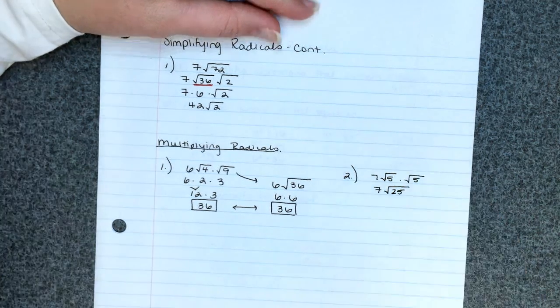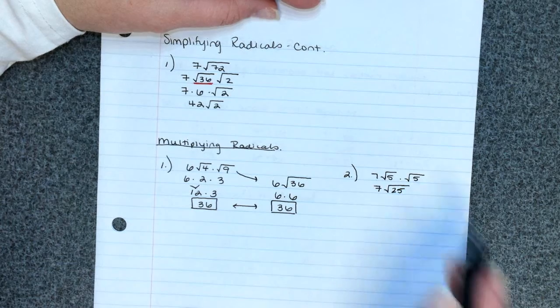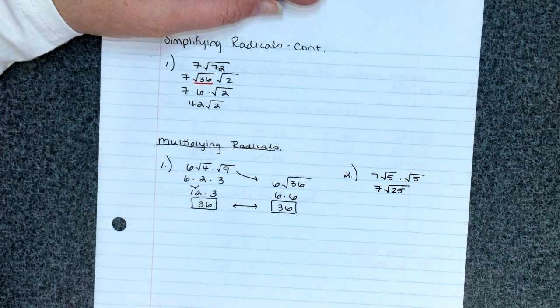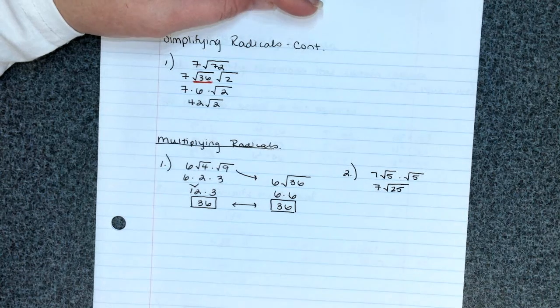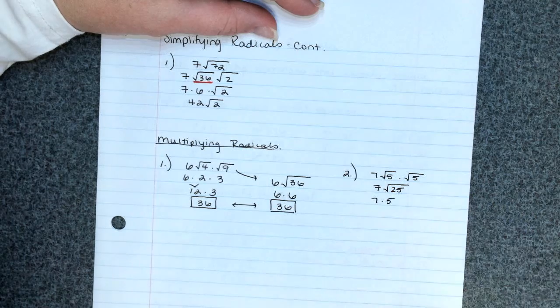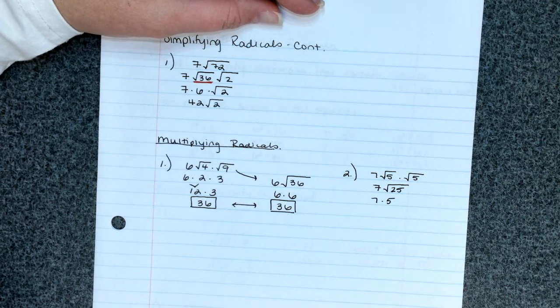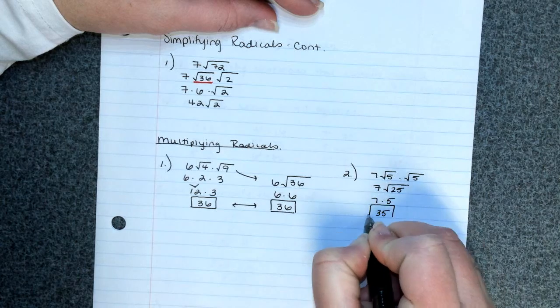Yes, that 25 has to still be underneath the radical. Okay. 5 times 5 is 25. You can multiply those because they're both under the radical. All right. What is the square root of 25? So we have 7 times 5. What's 7 times 5? 35. And that would be your final answer.